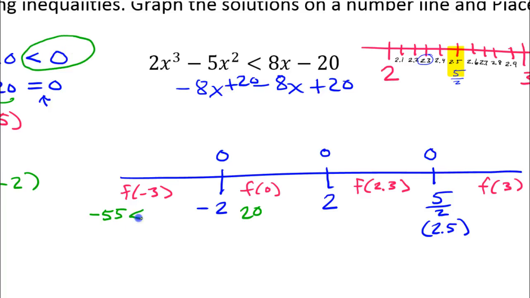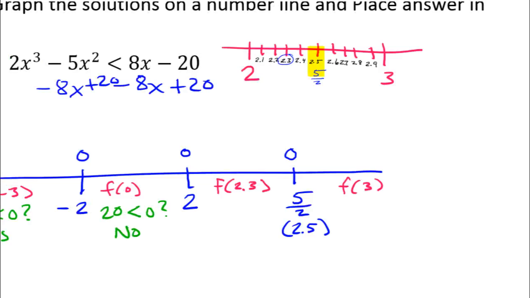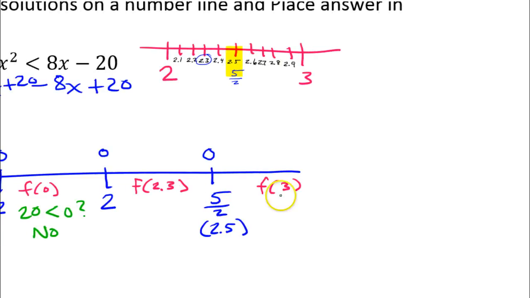All right, is this less than 0? And is this less than 0? Negative numbers are less than 0, so that's yes. Positive numbers are greater than 0, so this is a no. Okay, and now we're going to check out 2.3 and 3.